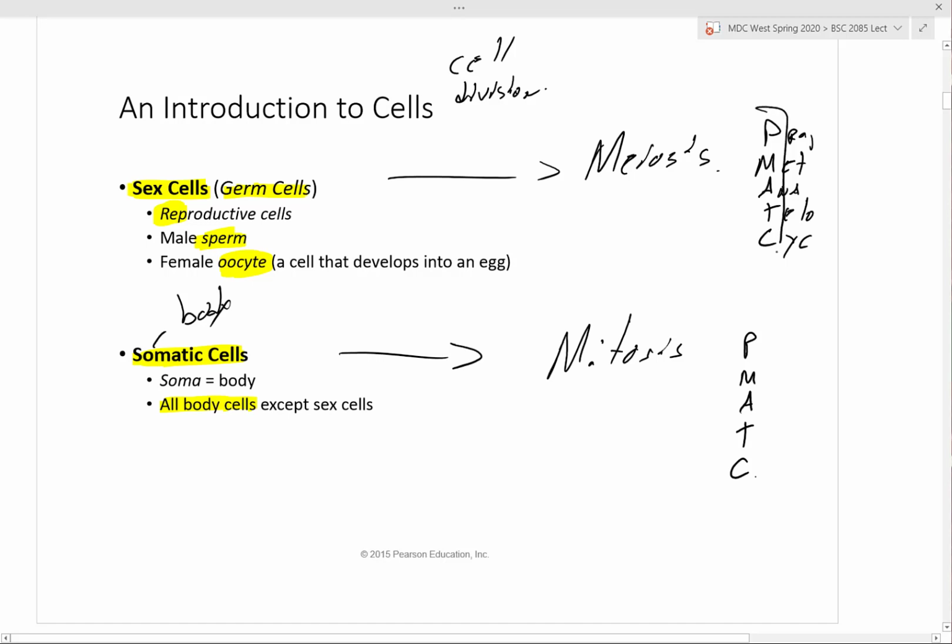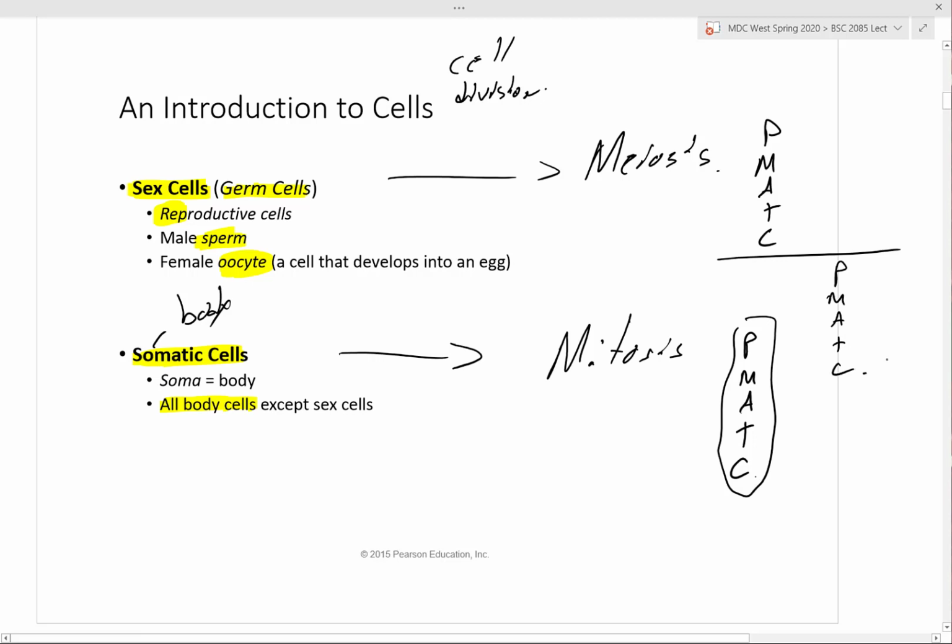And the same process occurs in mitosis. Okay? The only difference is that in meiosis, the PMAT happens not once, but happens what? Twice. Everybody got it? So in meiosis, this process happens twice. In mitosis, the process only happens once.